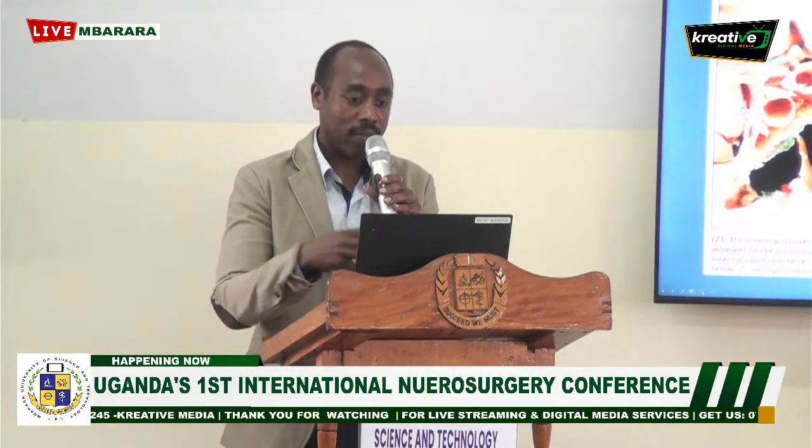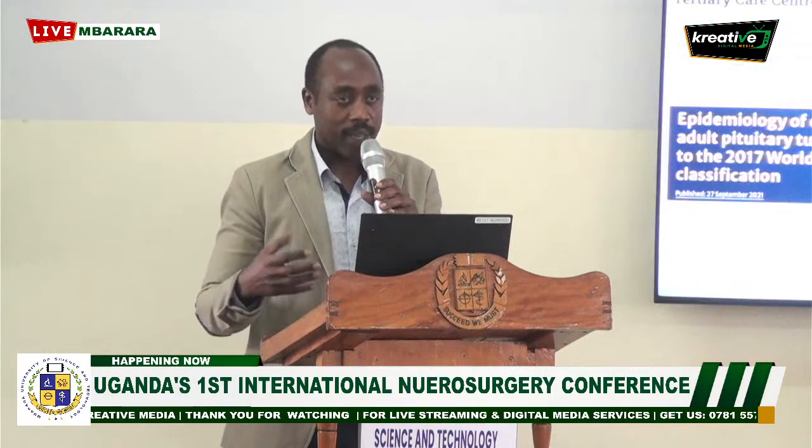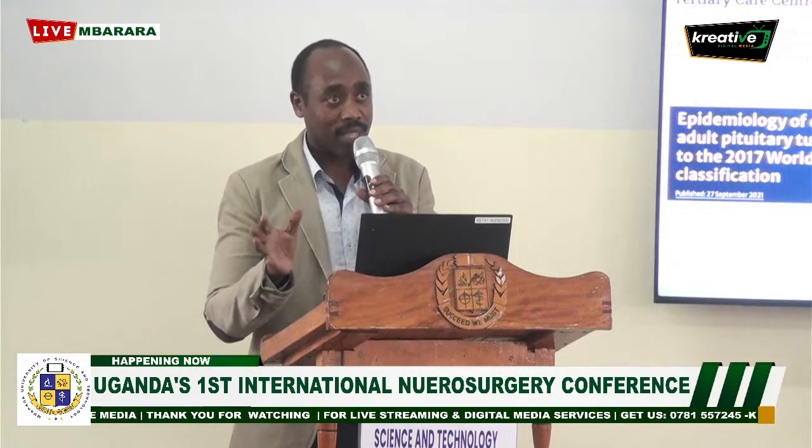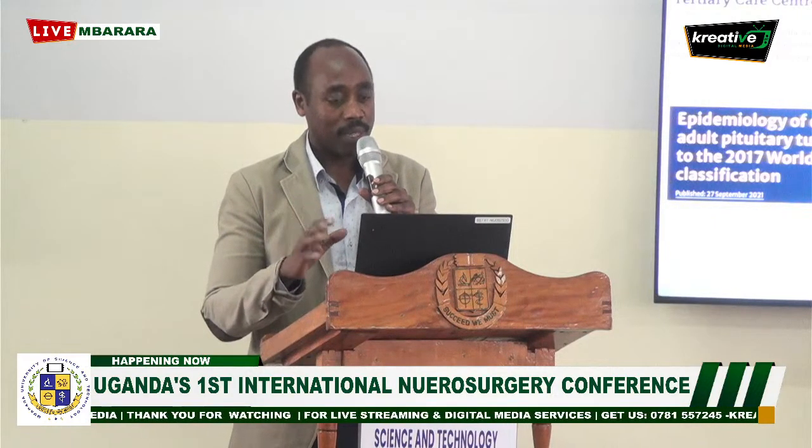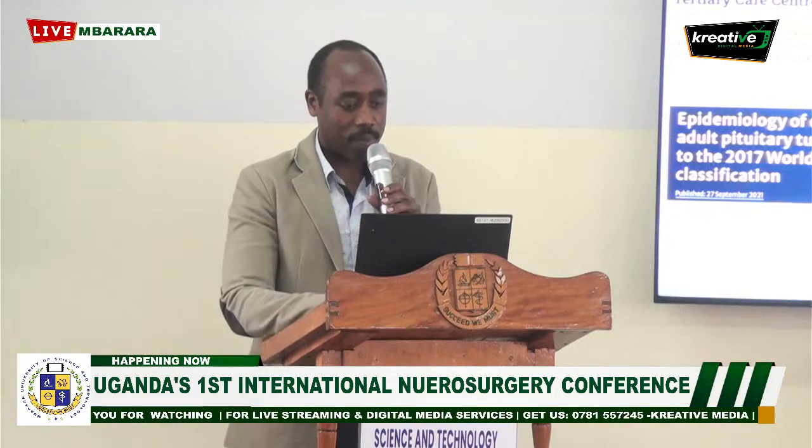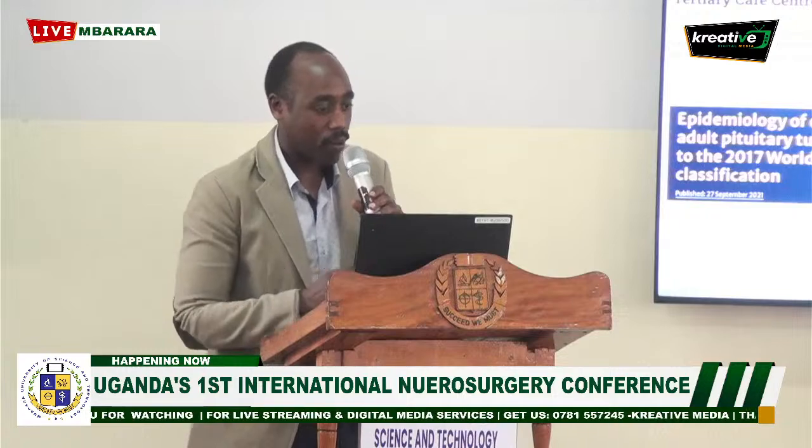So we shall go down in a very systematic way over the next slides to see the lesions that are derived from any of these anatomical structures. Indeed, lesions of the sella are quite variable, and several studies have been done, including the latest 2022 publication in the Springer journal on the epidemiology of common and uncommon adult pituitary tumors in the US.